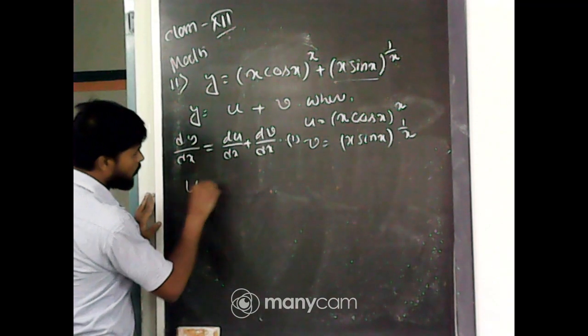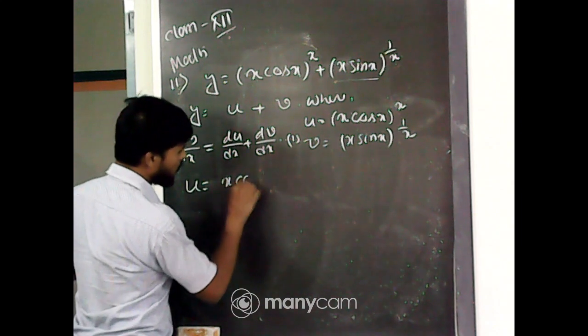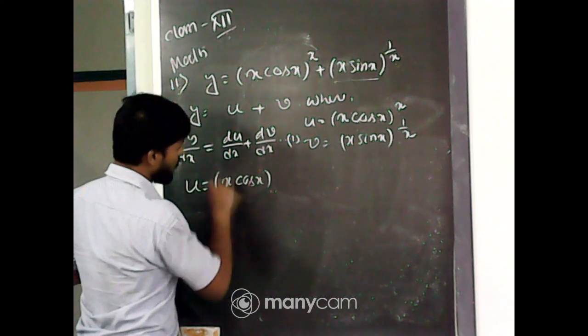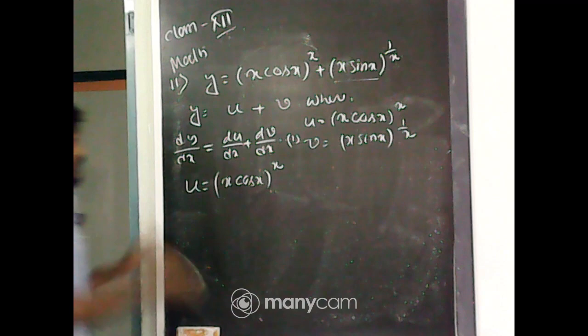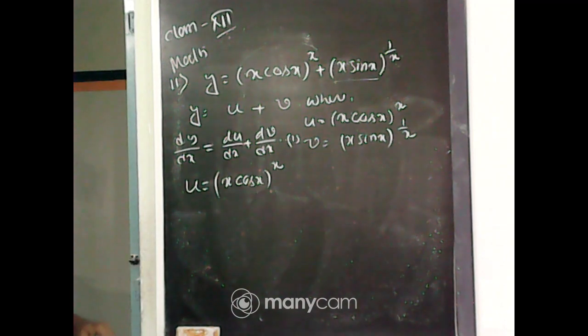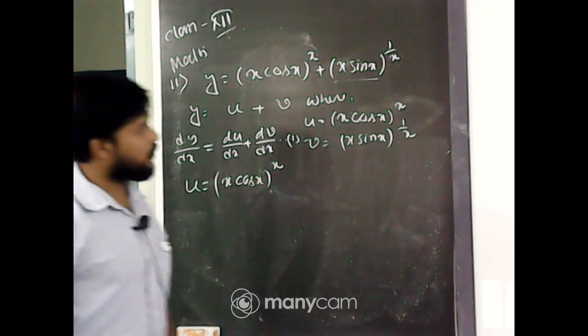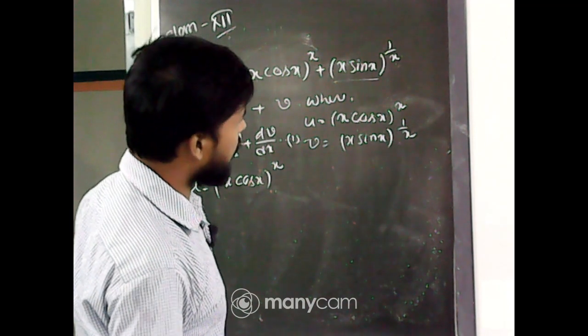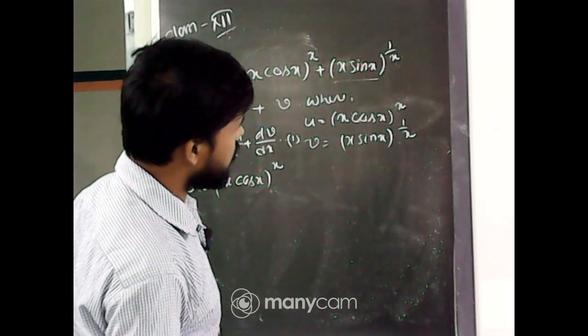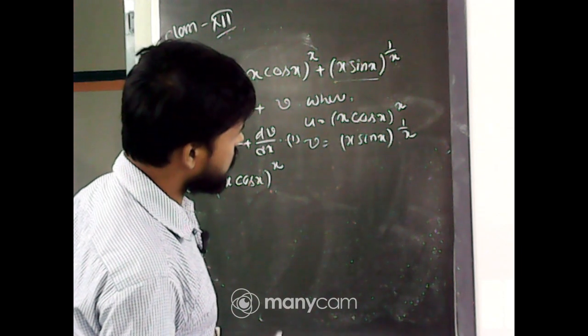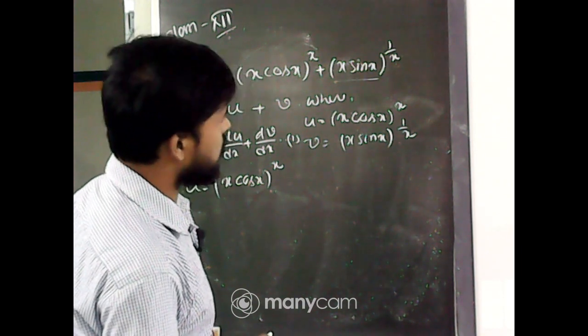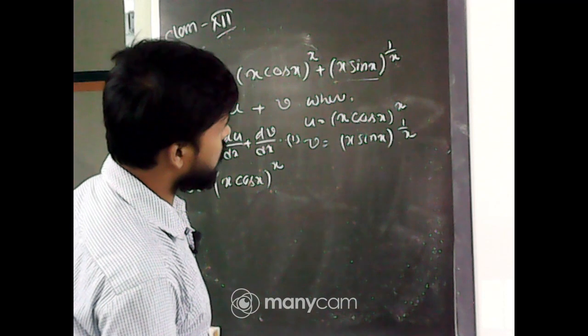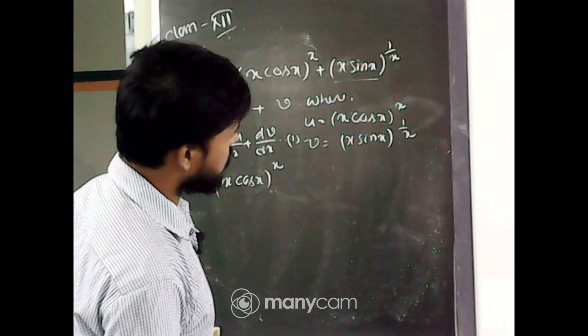So u equal to x cos x whole to the power x. Now taking log we have, take log and find the differentiations. Cos x, log x cos x.